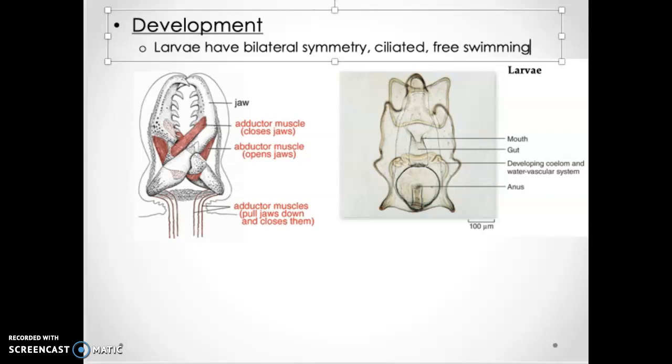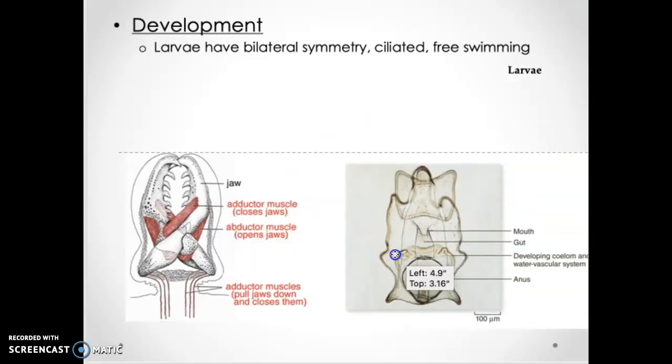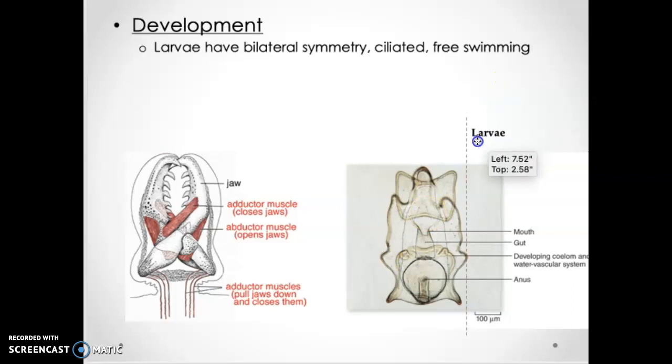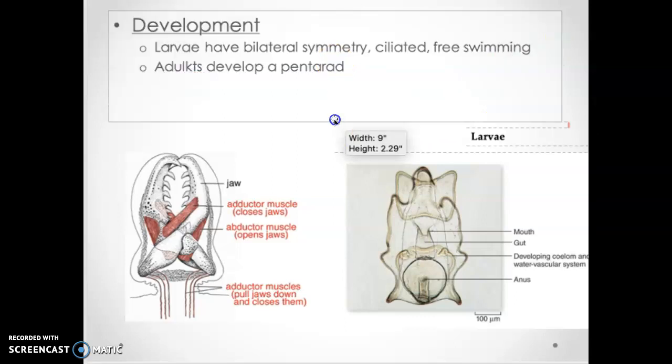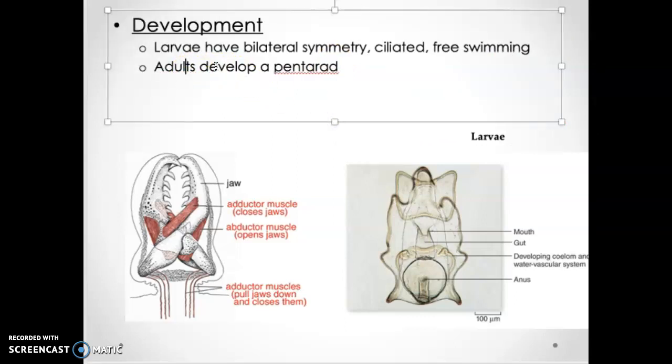But then what's going to happen as they become adults. The adults, typos going everywhere here, all right, the adults have a pentaradial body plan. Penta means 5. So how many radial canals in the water vascular system?